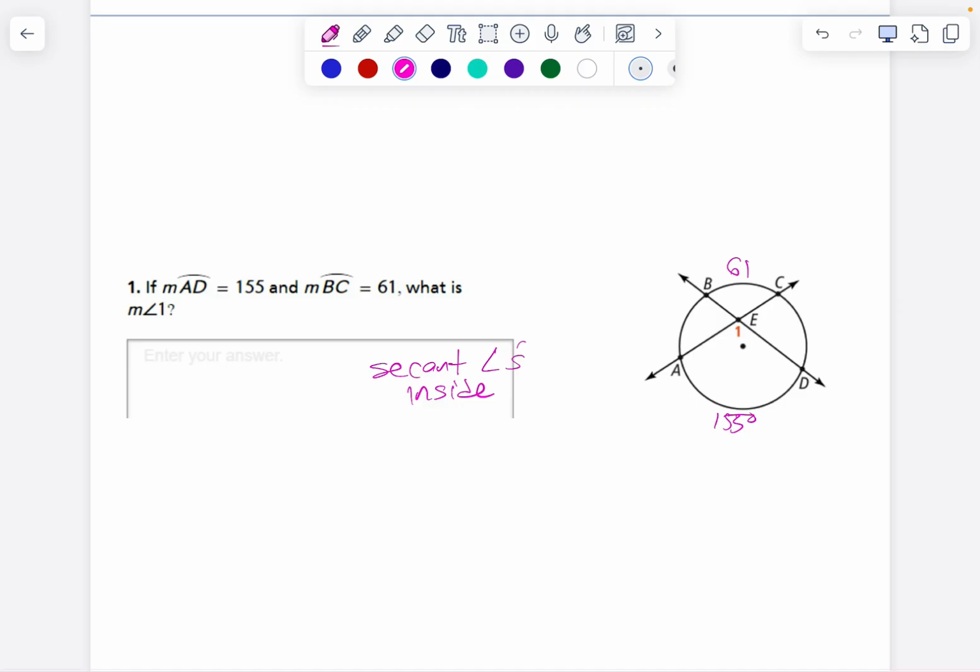Inside. Okay? So we'll do this real quick and then we'll have our break. So measure of angle 1, is it the sum or the difference? Yep, so we just add these two and take half of it. Okay? Go ahead and take your break. I'll fill this out while you're doing that.